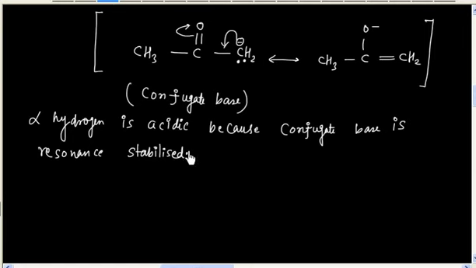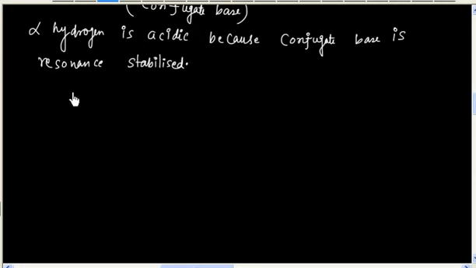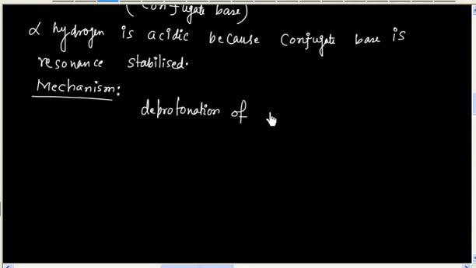So in the first step of the mechanism, we have deprotonation. So let us consider the mechanism of base catalyzed keto-enol tautomerism. The first step is deprotonation of alpha hydrogen.